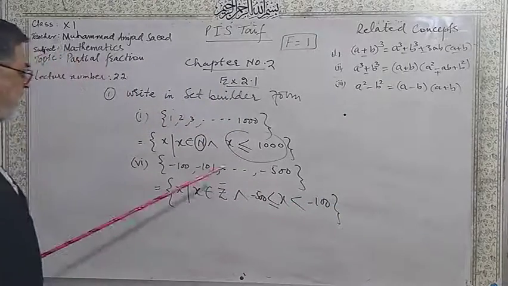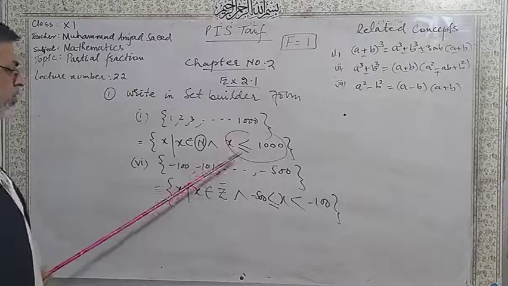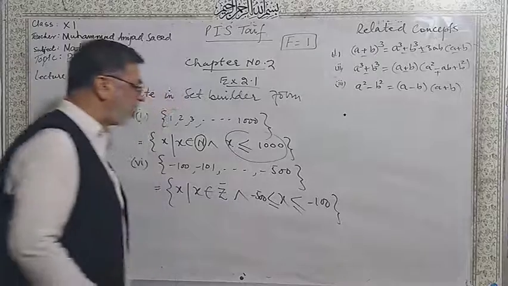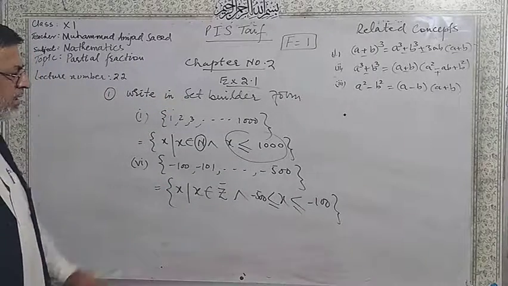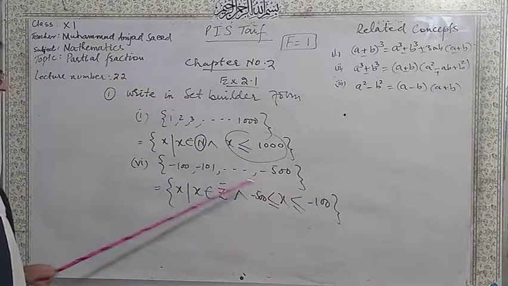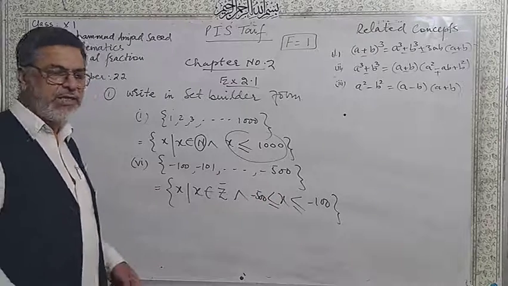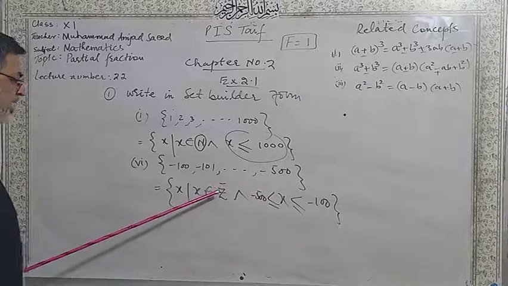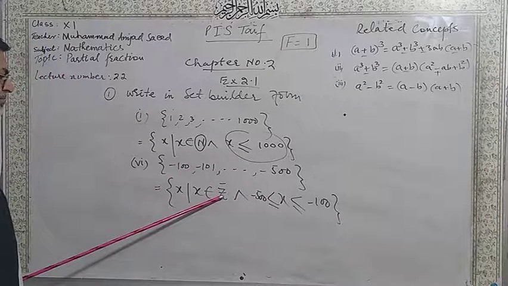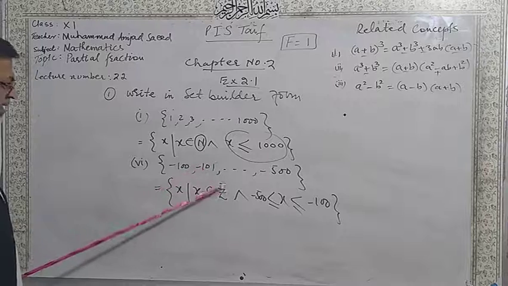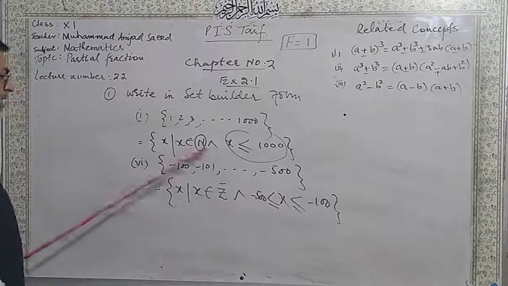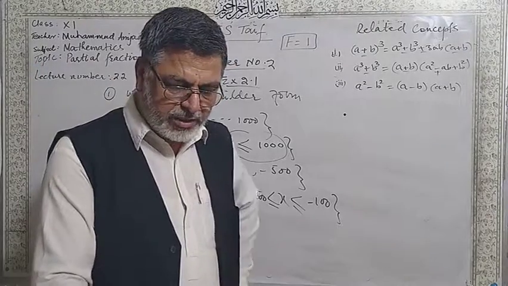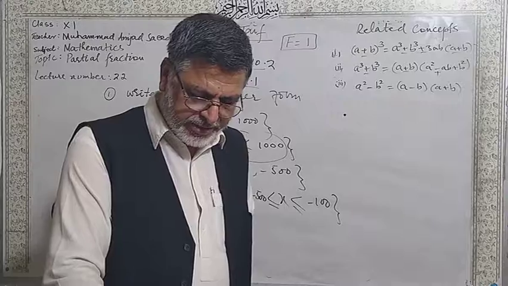Less than minus 100 means minus 101, minus 102, and so on. And if you put the equal sign, then minus 100 is included. So this is the way how to write down the sets in the set builder form. Remember that the first information is general information about the set and the second information is about these numbers typically.